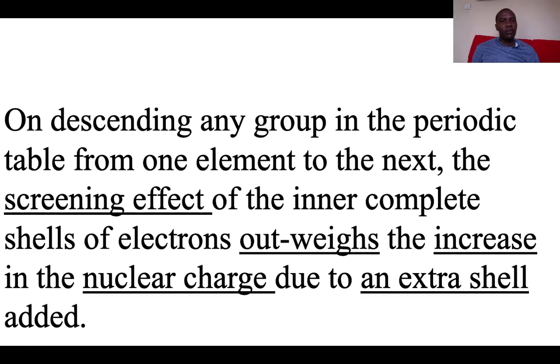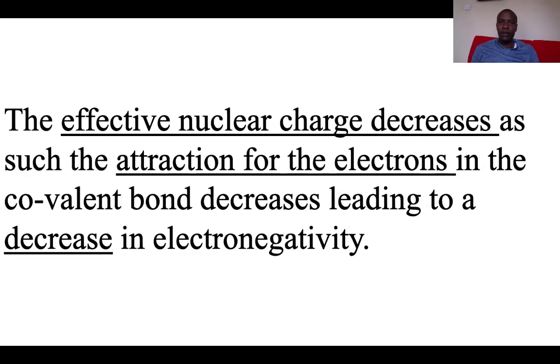So, why? Concerning any group in the periodic table, but this time we are looking at group 7: the screening effect of the inner complete shells of electrons outweighs the increase in the nuclear charge. Of course, because there is always an extra filled shell that is added. You know that very well.